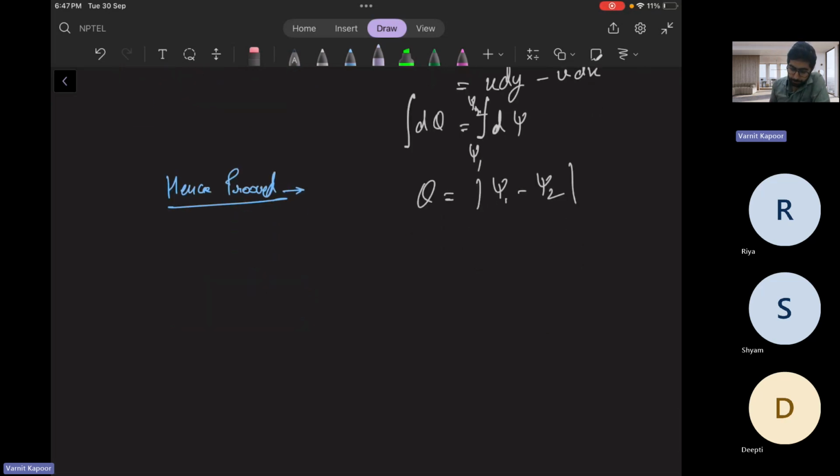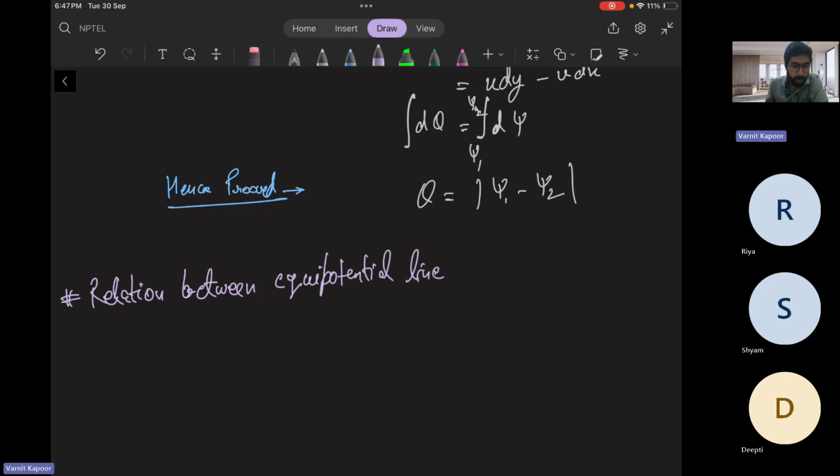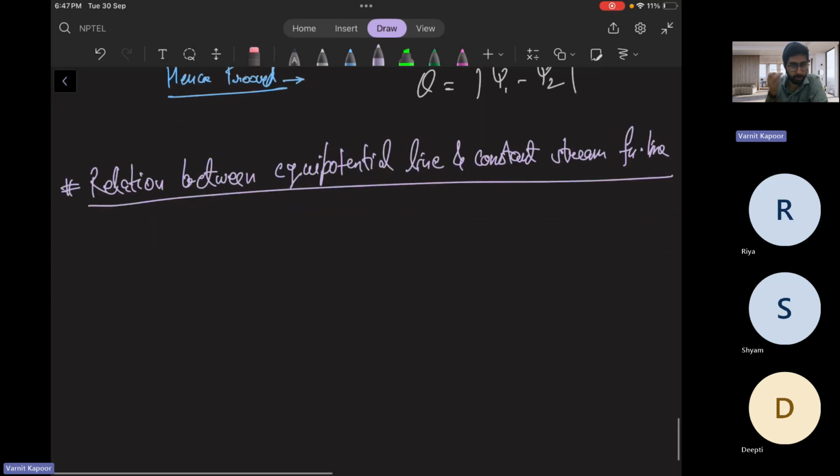Relationship between equipotential line and constant stream function line. Constant stream function, that is your streamline.